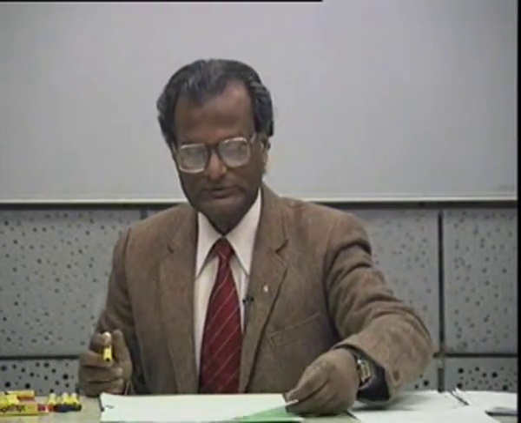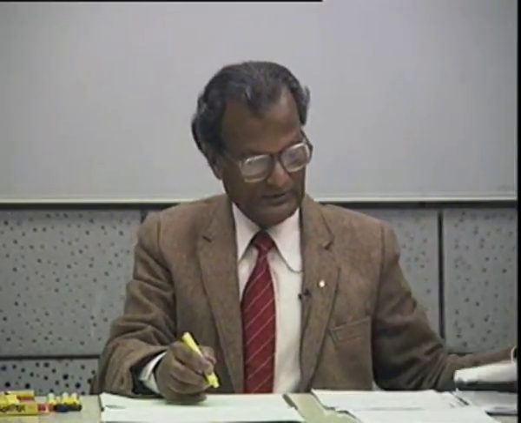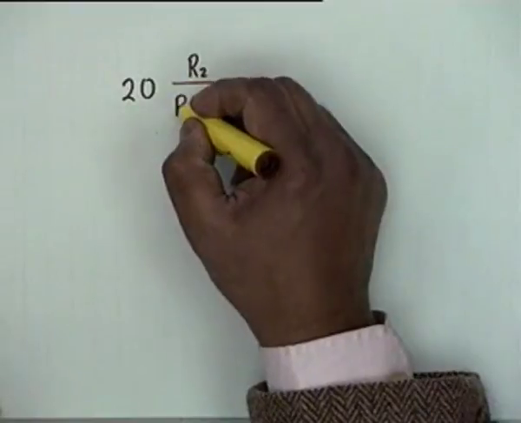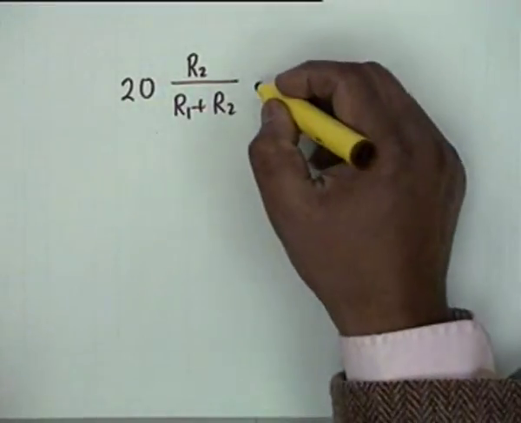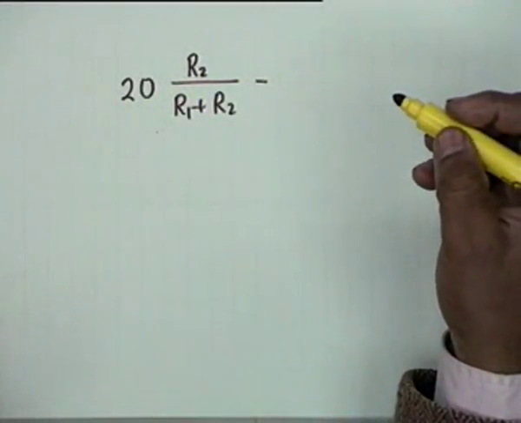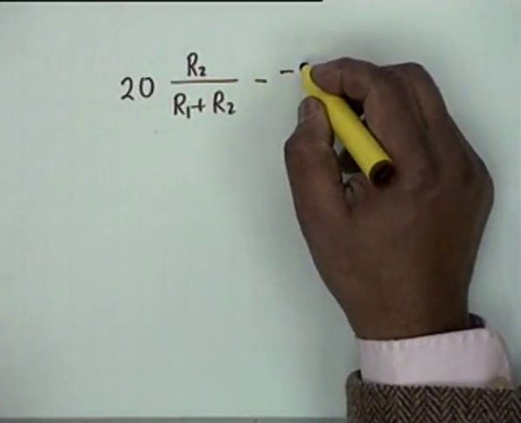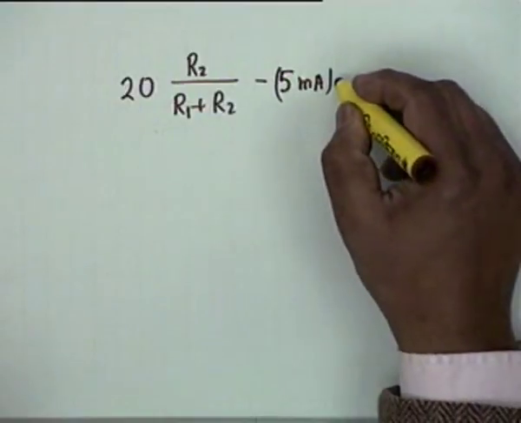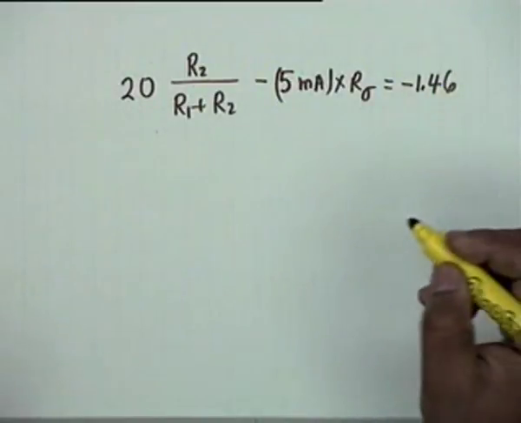Okay. The next question is how to design this circuit. We have found out a VGS. Now VGS obviously is 20 times R2 divided by R1 plus R2. If you refer to the circuit, this is VGG minus the drop in the source resistance, that is R sigma, which is equal to I sub D. Now what is I sub D? 5 milliampere, this is the specification, multiplied by R sigma, that should be equal to minus 1.46.